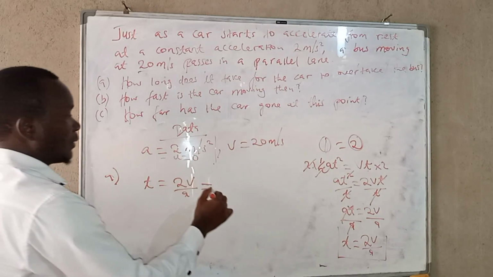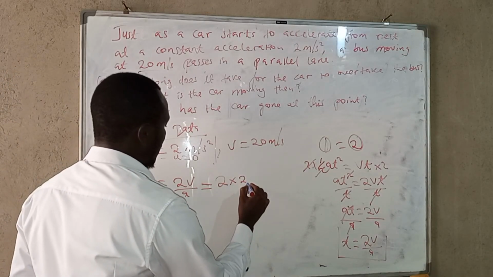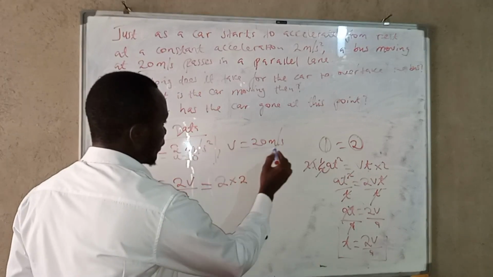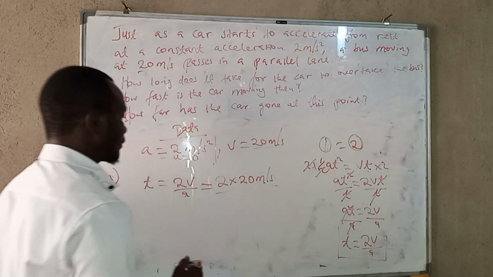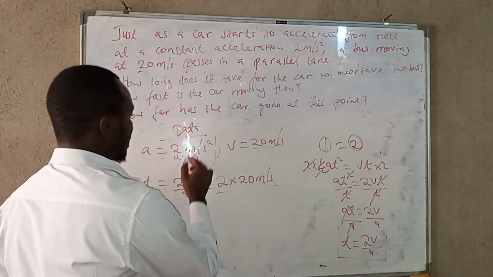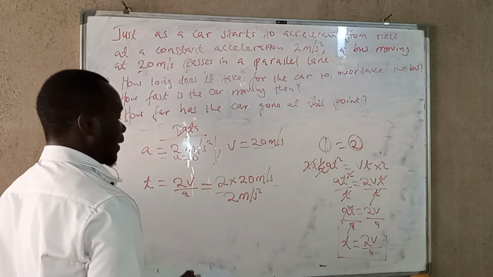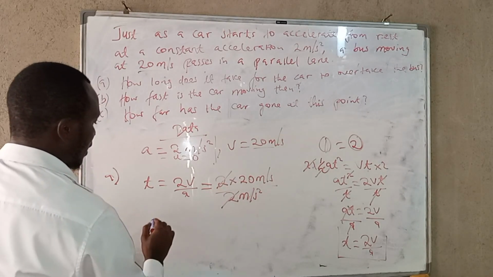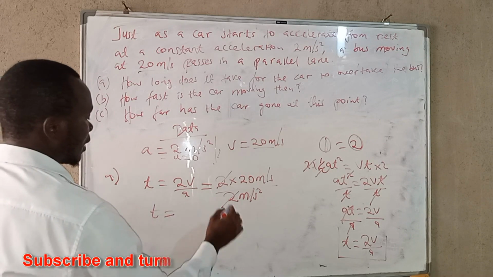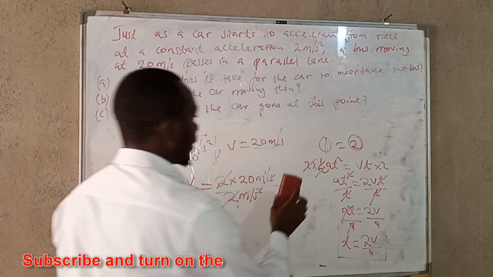We put in the values now. 2 times 20 meters per second over 2 meters per second squared. The meters per second will cancel, and what we're going to have is t equal to 20 seconds. From this point, we can go to part B.